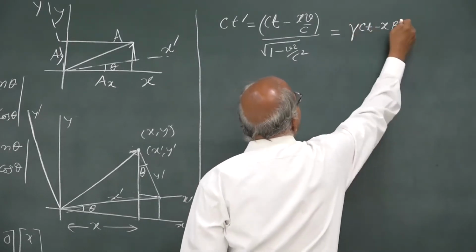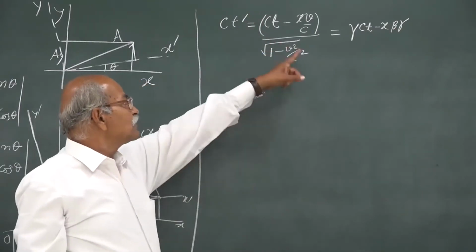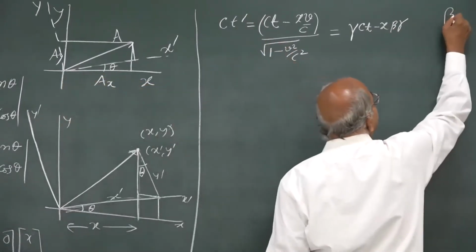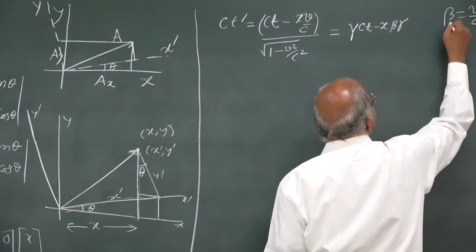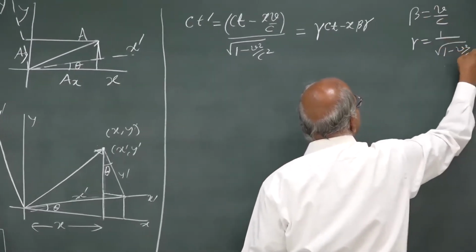So, I put gamma here. You know, gamma is 1 by square root 1 minus v square by c square. Beta is v by c. I am using the symbols.